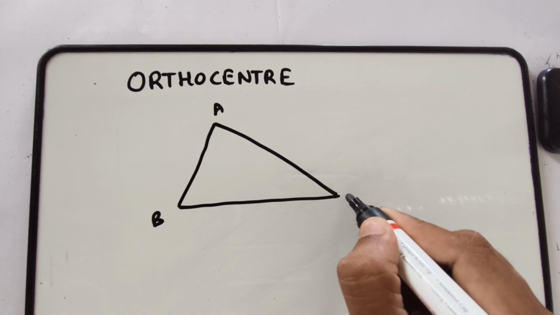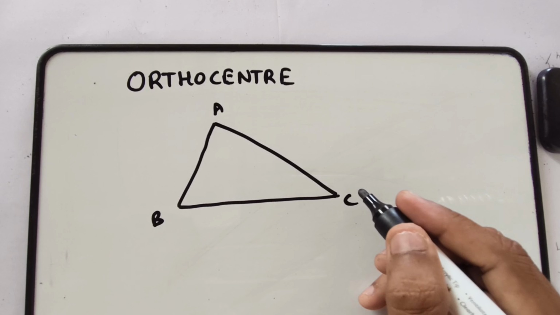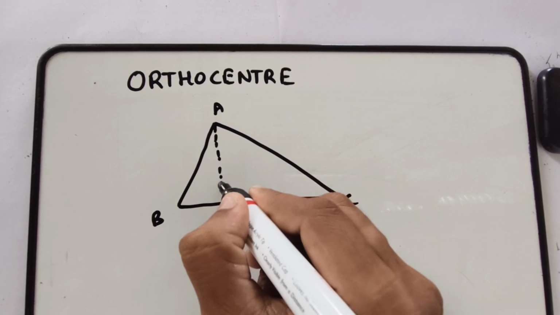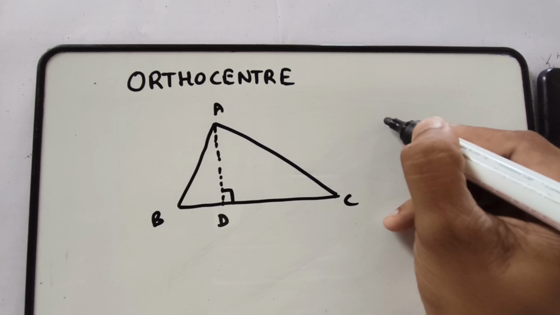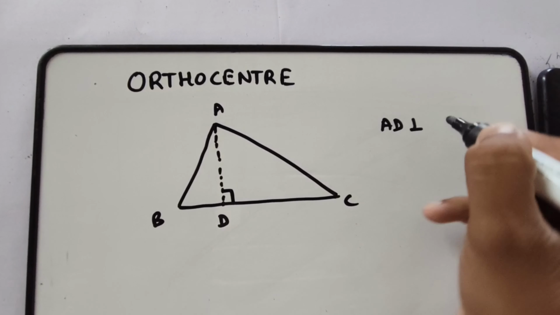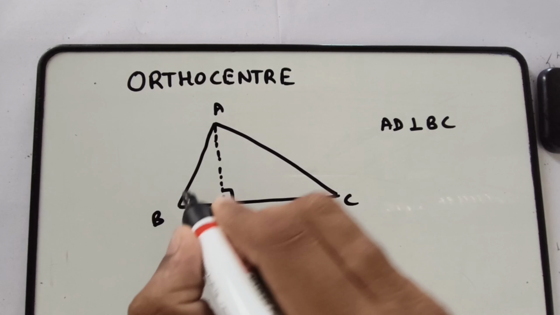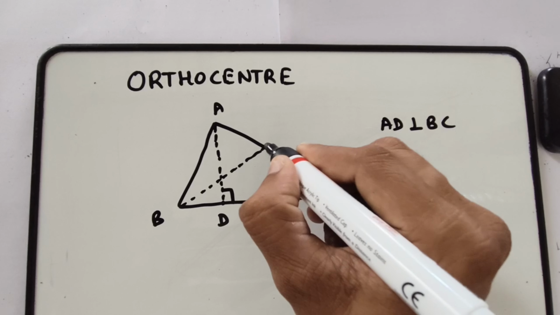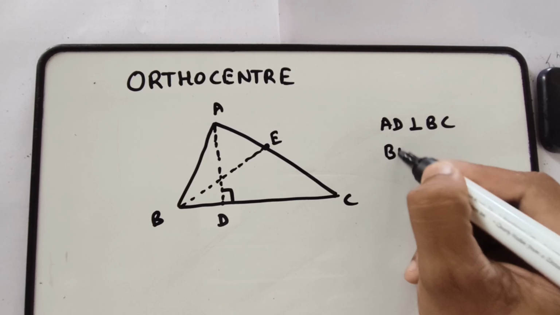Let ABC be a triangle. Now I'll draw a perpendicular line passing through A. I call the foot D. That is, AD is perpendicular to BC. Similarly, I'll draw a perpendicular line passing through B, which is perpendicular to AC.